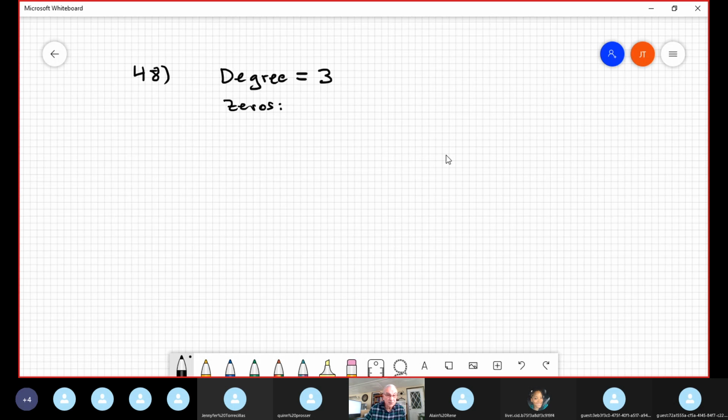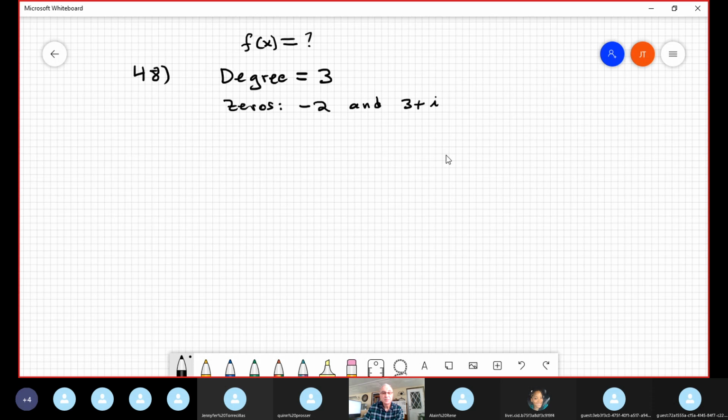The zeros are -2 and 3 plus i. So what is the answer? Find the equation of f of x. I need to find f of x to satisfy this requirement.